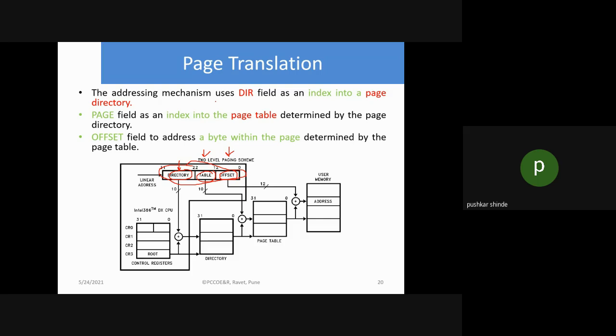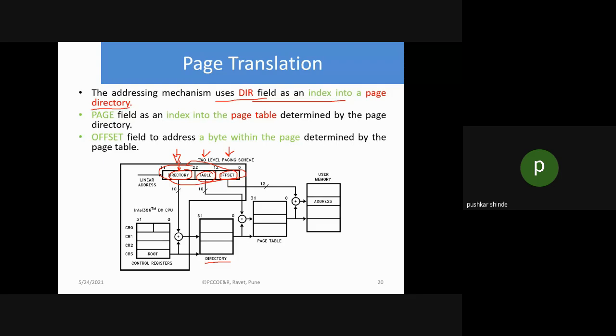The addressing mechanism uses the dir field, that is the directory part, as an index into a page directory. So there is a page directory present in page translation whose index is stored in the dir field of the linear address.